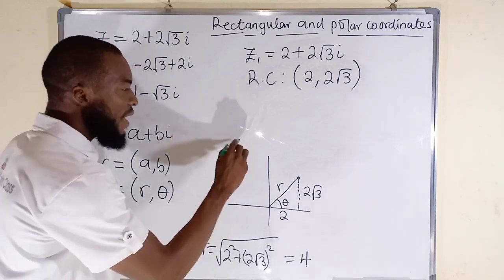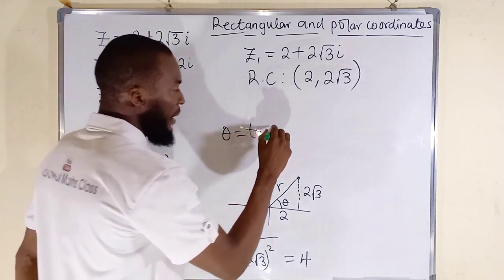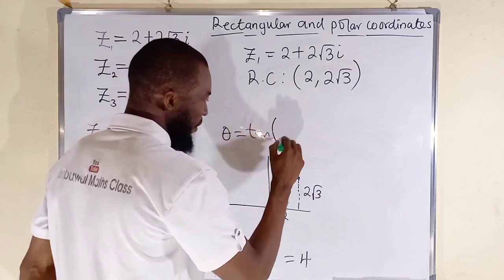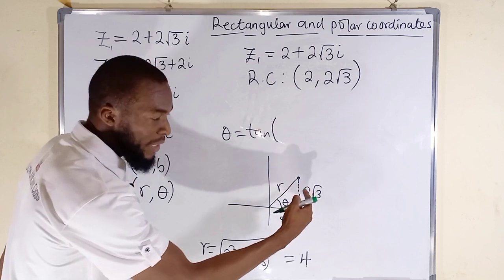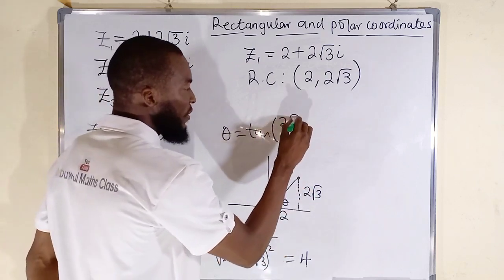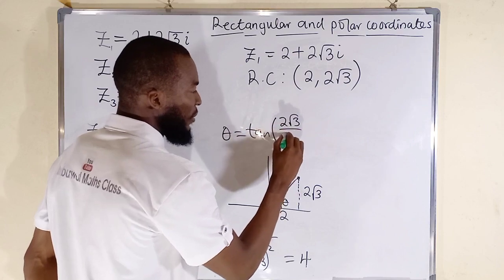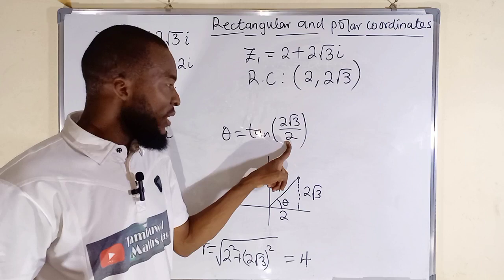But what about the angle? We have learned that this angle theta can be obtained by taking tan inverse, because you know the relationship: tan is what? Opposite divided by adjacent. So this divided by this: 2 root 3 divided by 2. And 2 will cancel 2, leaving only root 3.